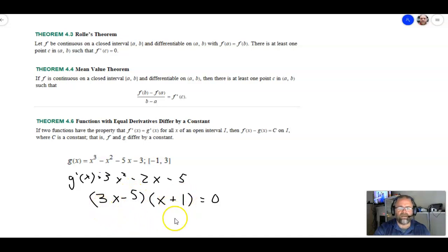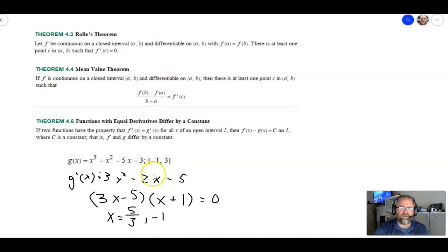Let's see. So 3x squared gives us a minus 5, and then negative 5x, positive 3x gives us our negative 2x. So this means this is going to give us two values where the derivative is equal to 0. That's going to be 5/3 when I set this factor equal to 0, and then it will be -1. So let's see if both of those are in our interval.